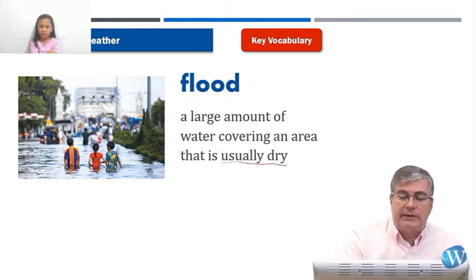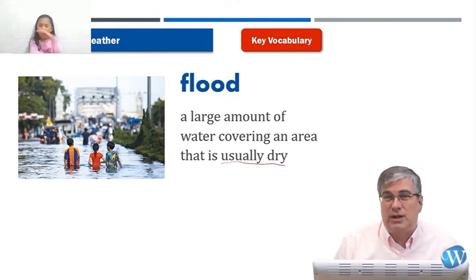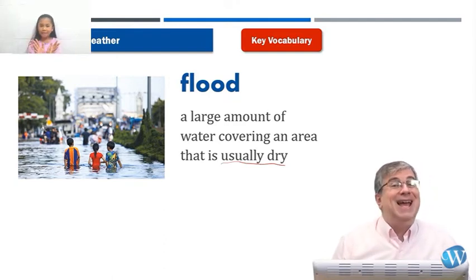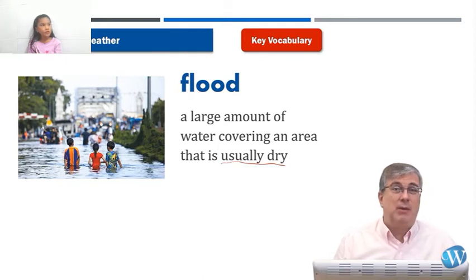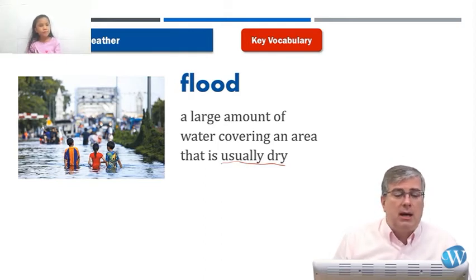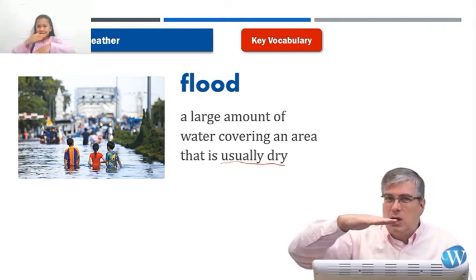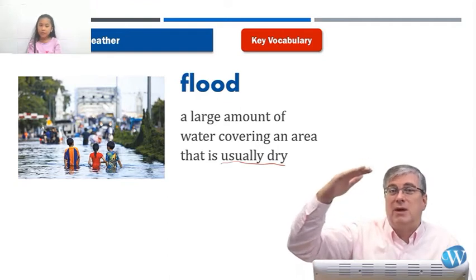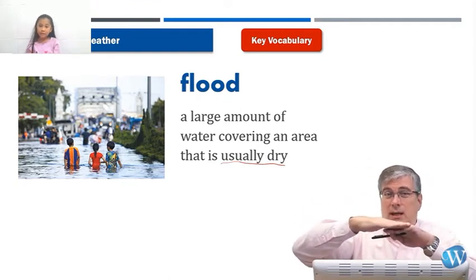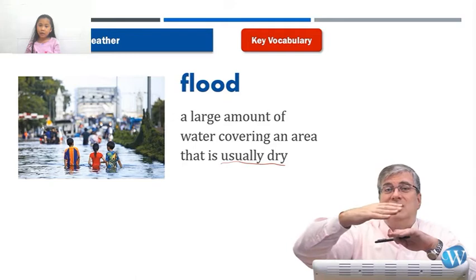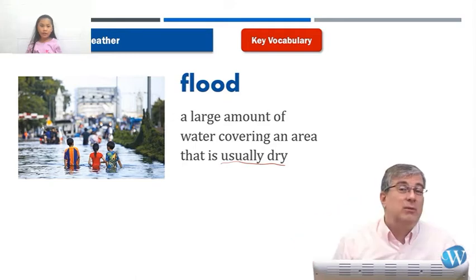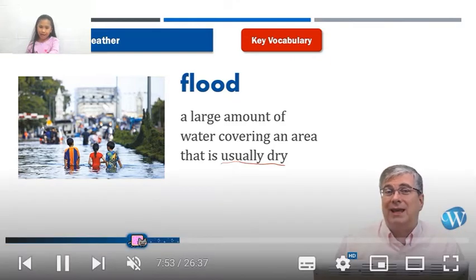It's very low, and it doesn't have mountains or hills, right? Well, the land is very flat. The water can easily come in, and there are many floods, right? Well, okay, so a flood is a large amount of water that covers an area that's usually dry.